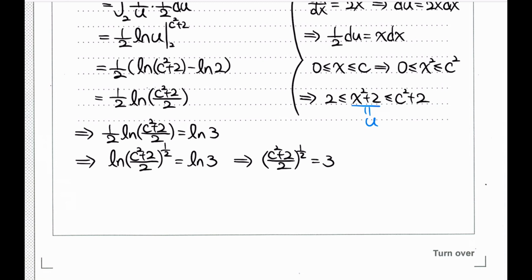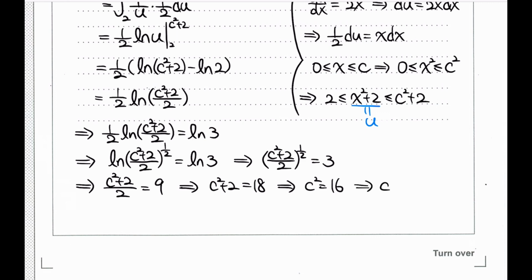So, and then we square both sides of this equality to get c squared plus 2 over 2 is equal to 9. So c squared plus 2 is equal to 18. Hence, c squared is 16. So c is positive or negative 4.